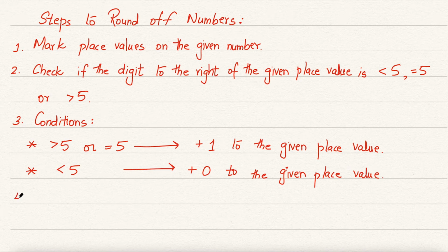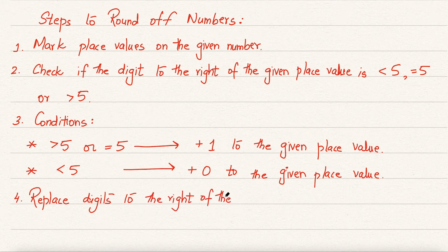Then the fourth point is that you will replace digits to the right of the given place value with 0.